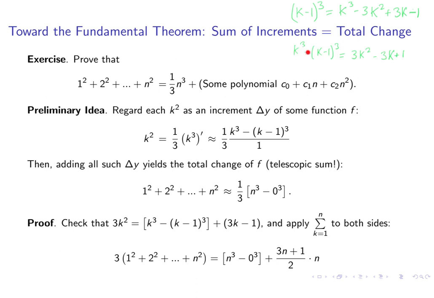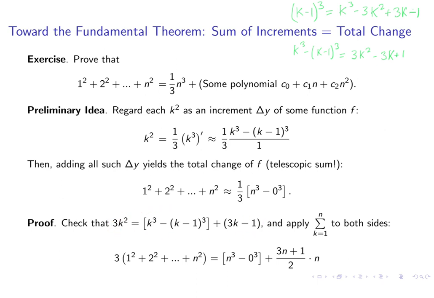So k cubed minus k minus 1 cube is 3k squared minus 3k plus 1. We want to isolate the term k squared. So first we move minus 3k plus 1 to the other side, and we divide everything by 3. So we get the following identity.